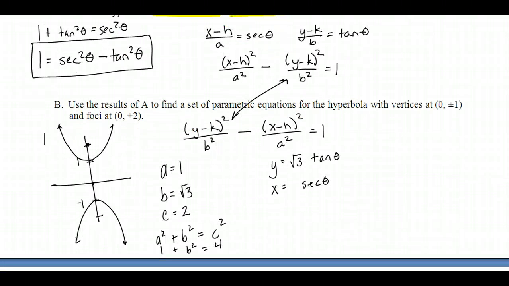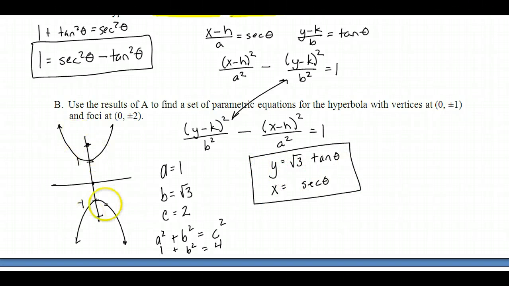Well, maybe this isn't the greatest way to explain this, I'm not really sure, but if we take this situation, we know that we have to have secant squared minus tangent squared. If we follow our formulas, that's how it would look. In order to adjust for that, if we have our hyperbola going up and down instead of opening to the left and right, these variables have to switch.